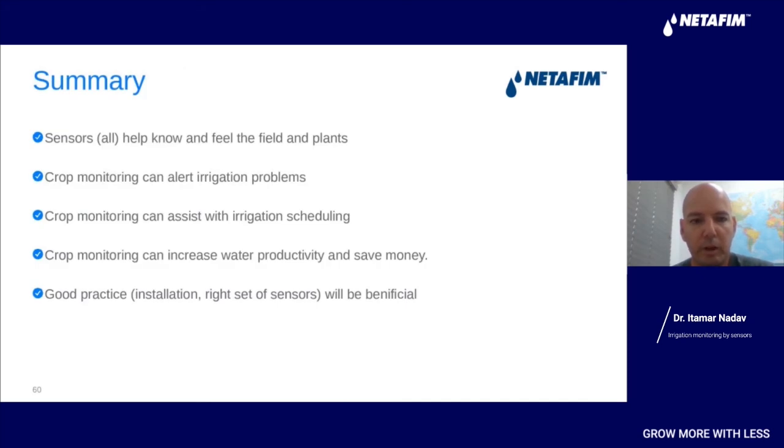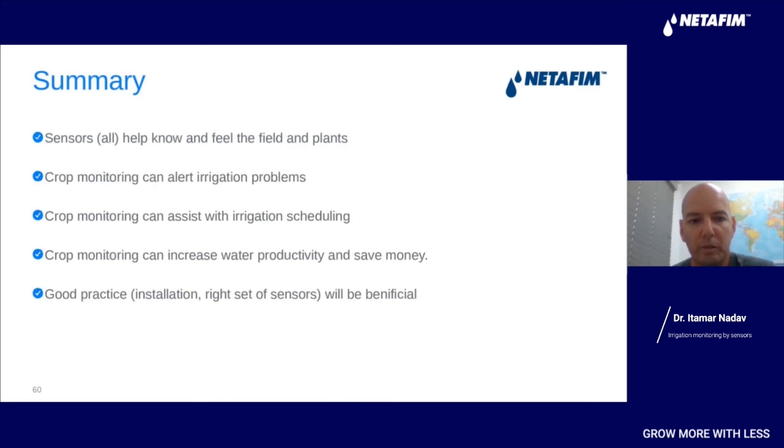So to summarize this presentation, sensors, all of them, soil, plant, and atmosphere, help us know and feel the field and the plants. They can help us do crop monitoring and can alert us to any irrigation problems that we have in the field.